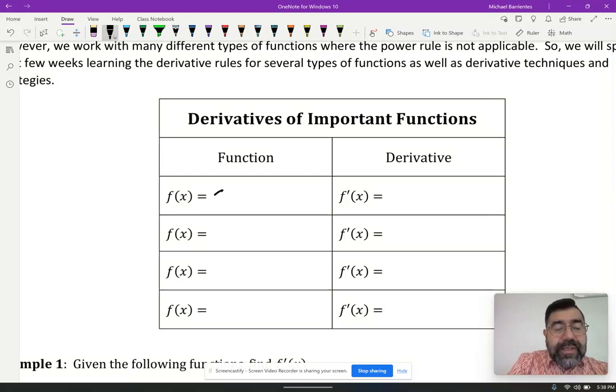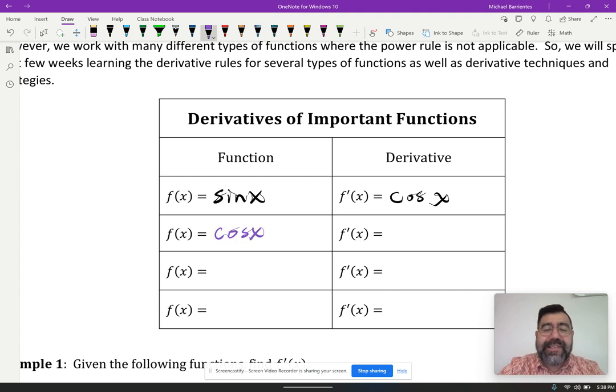If f of x is sine x, the derivative of sine x turns out to be cosine x. That's pretty straightforward. Here's where you have to be careful. If my original function is cosine x, the derivative is not sine x. It's actually the opposite, or negative sine x.